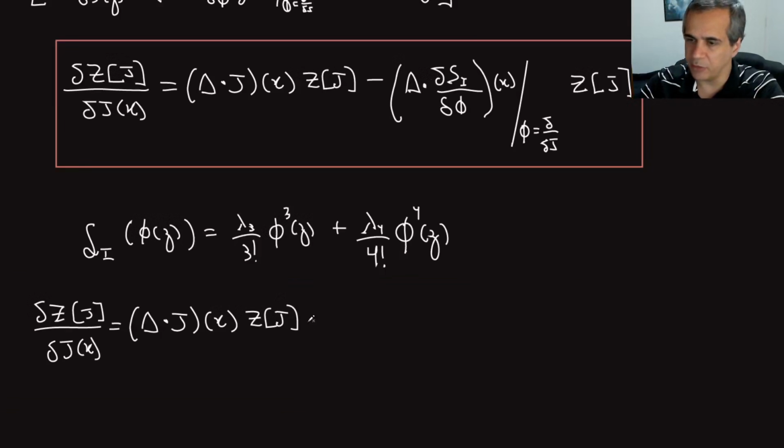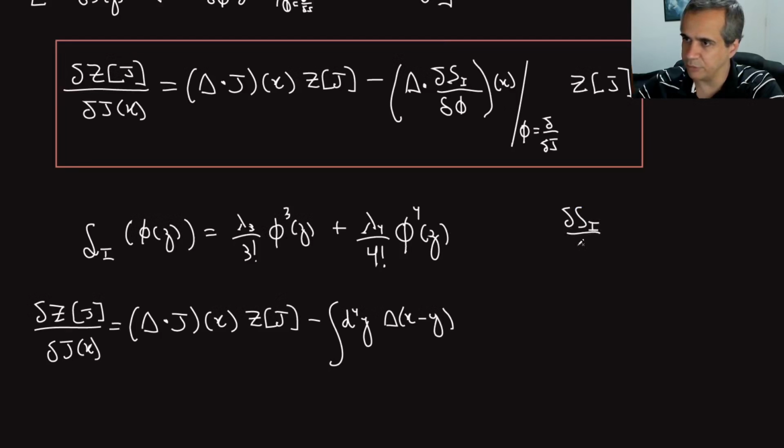So there's an integral in here, let me call that y, d^4 y. There's a propagator, this is a function of x, so there's a propagator from x to this point y where I have the integral. And this on the right side is the interaction part, del S_int over del phi, which is a function of y, integrated over.